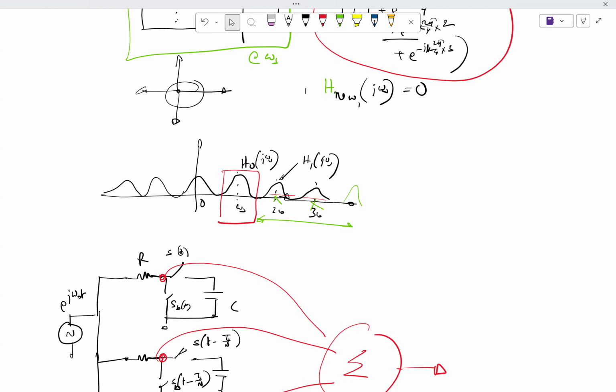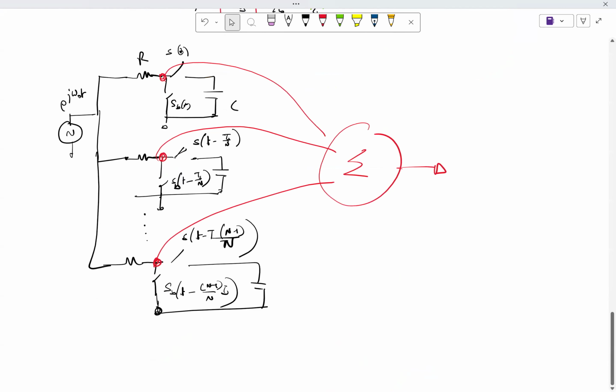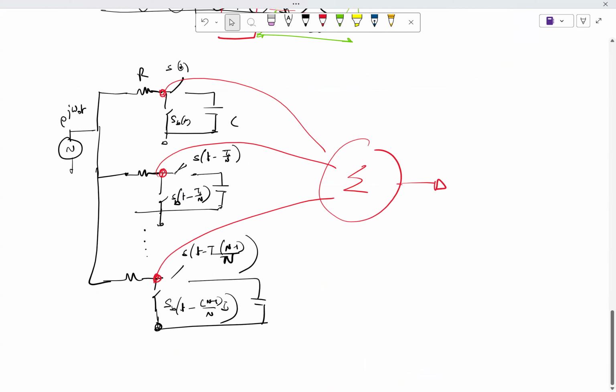So there's a caveat. I'm assuming that if you have a bandpass filter, for example, you add this up and then you put a bandpass filter. But this bandpass filter need not be only around omega s. Even if it is not a sharp roll-off, we can still extract the signal properly.